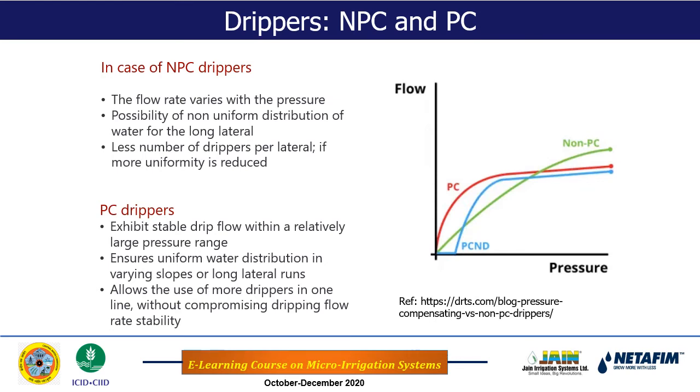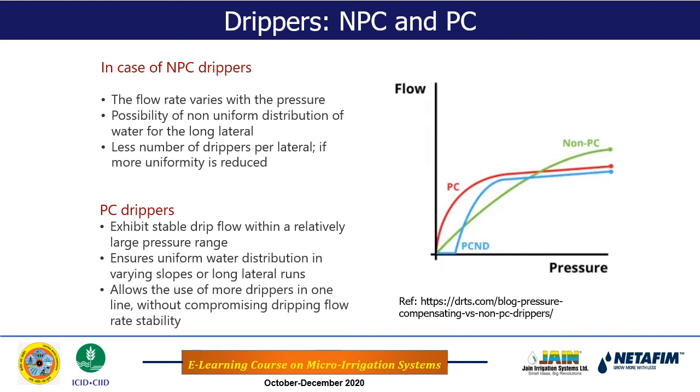So when we use NPC kind of emitters for this particular case, that is variation of the pressure from 10 meter to 6 meter, then the variation in the discharge was from 4 liter per hour to 2 liter per hour. This means that our emission uniformity was just 50%, which is not at all desirable even in the case of surface irrigation methods. But if we use pressure compensating emitters, then we'll get the same discharge everywhere, but we have to use the PC kind of drippers.